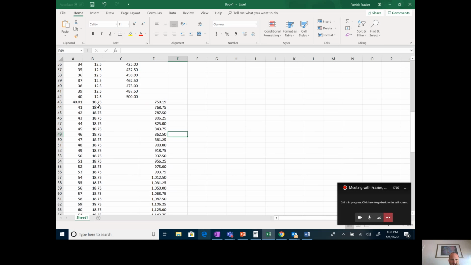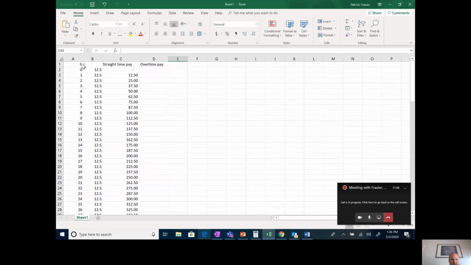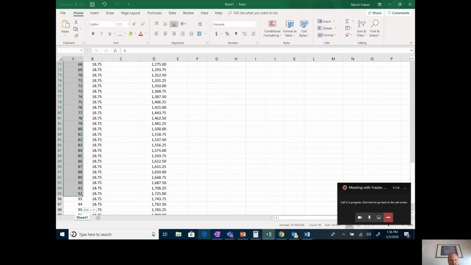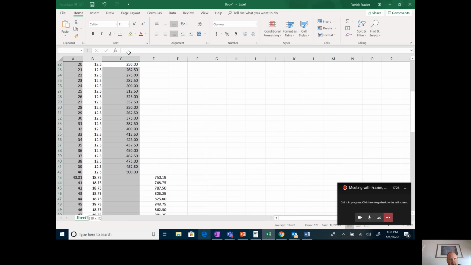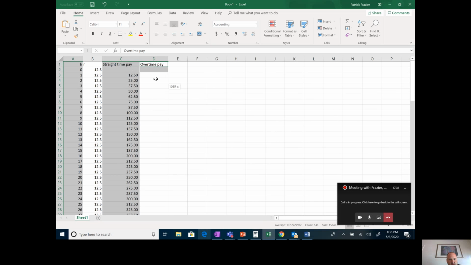So first, let's just graph this a little bit. So I'm going to highlight the field for hours. And then I'm going to hold on to the control key. Then I'm going to highlight two different outputs on this. That's why you would do a piecewise function on this.